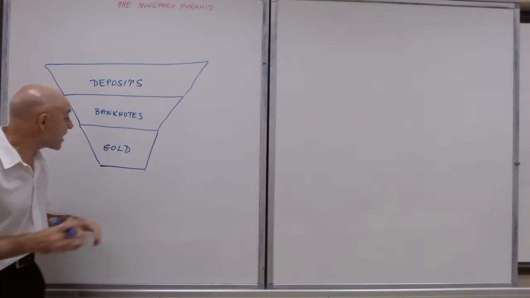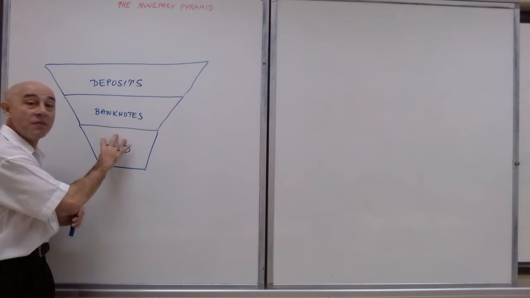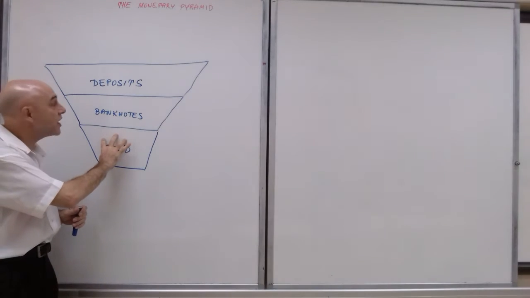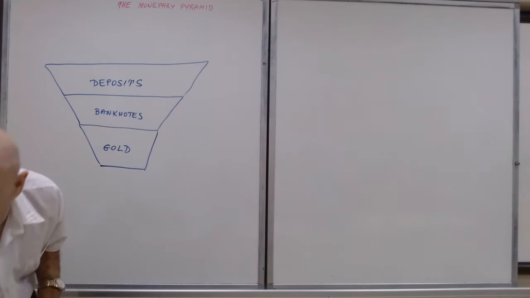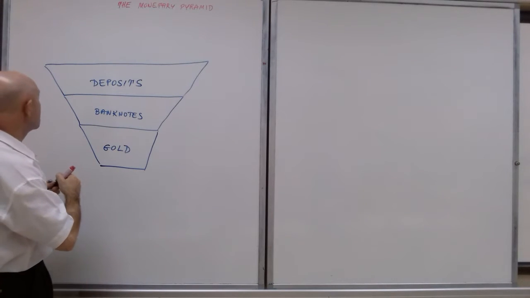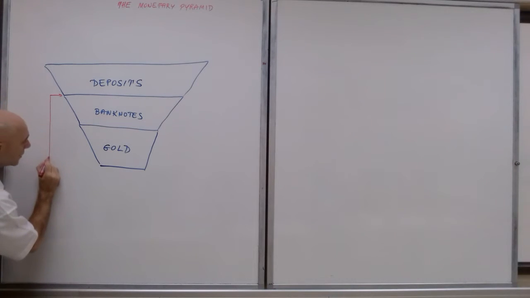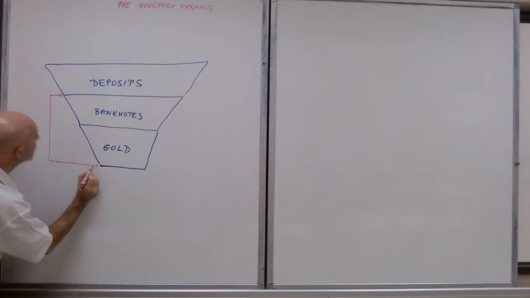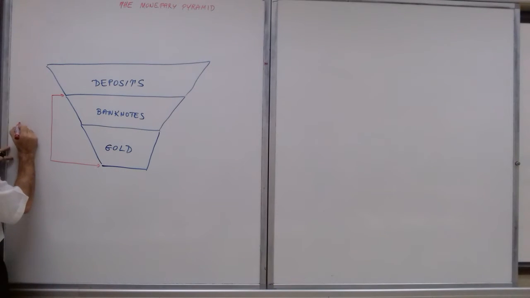So, what is the central bank? The central bank centralizes reserves in the form of gold and issues banknotes. So, let's use my color here. This piece of the pyramid is the central bank. I'll just write it.